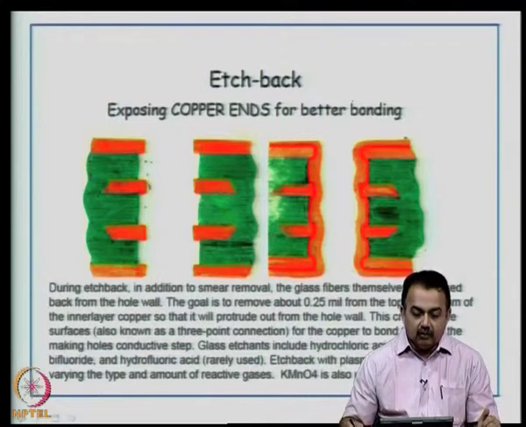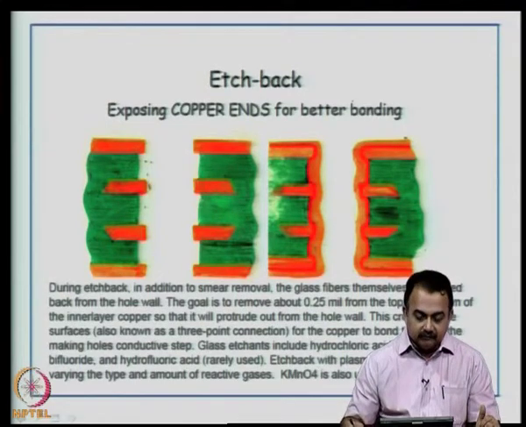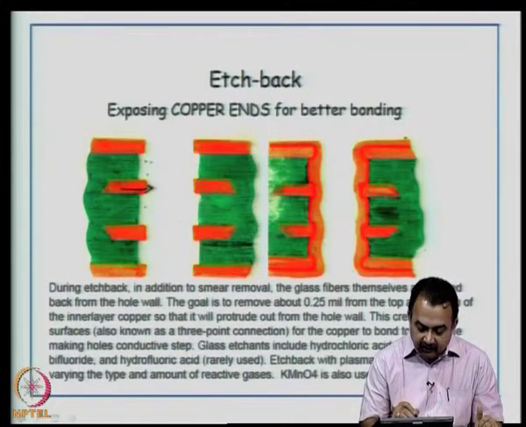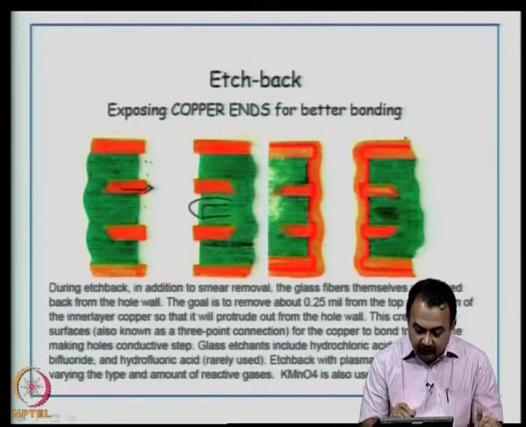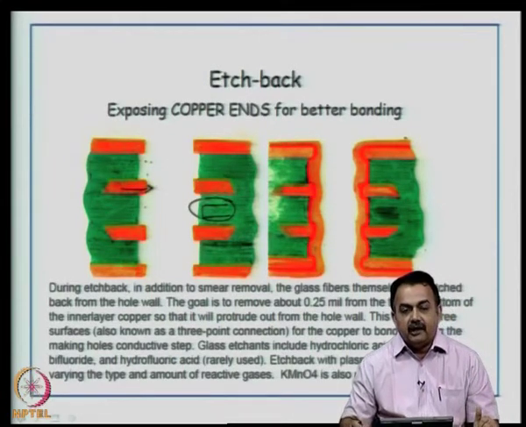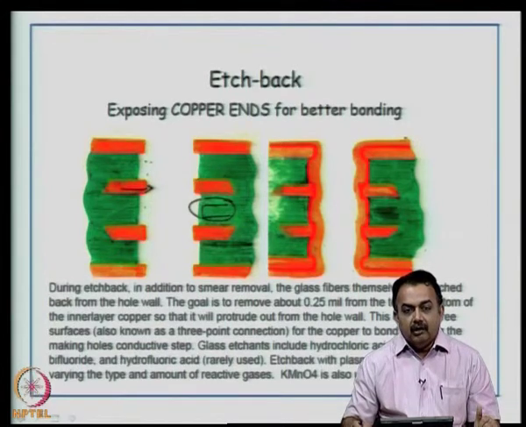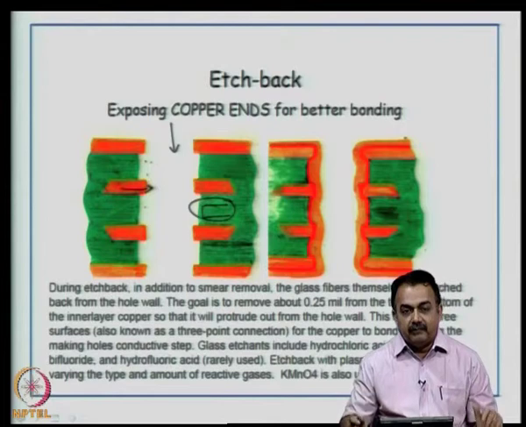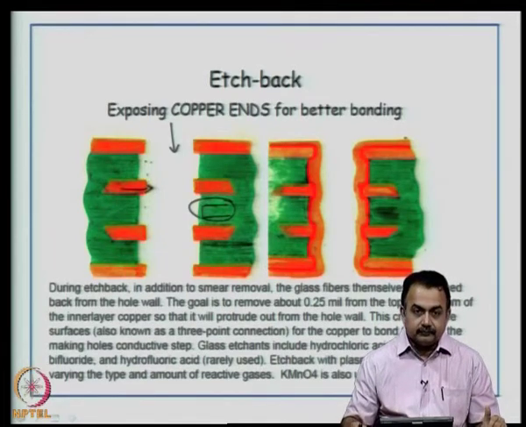Now, if you drill a hole wall, in some cases your inner layer copper can be protruding, in some cases it can be inside. It can also be a situation where it is inside and not protruding. Now, if you do plating in this area, how do you establish a perfect connection?